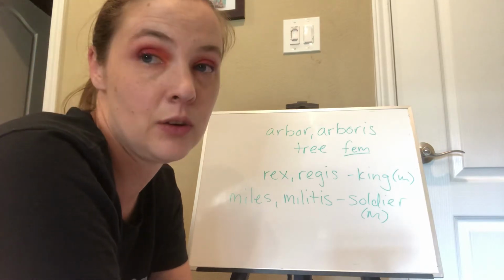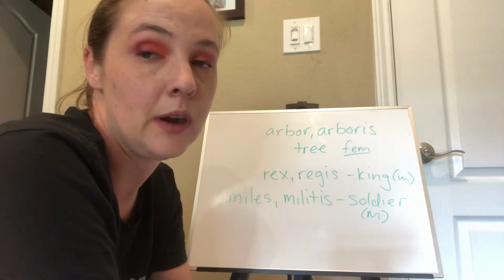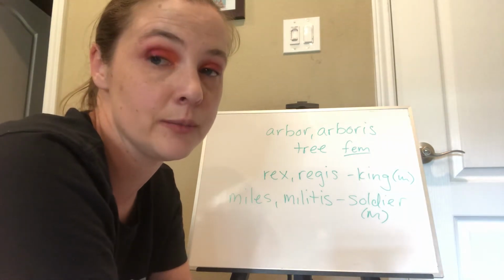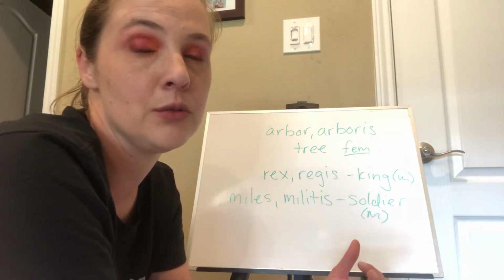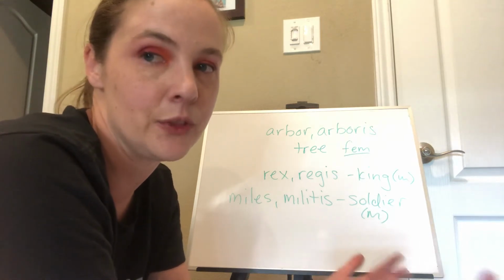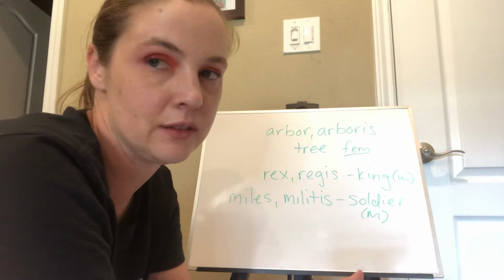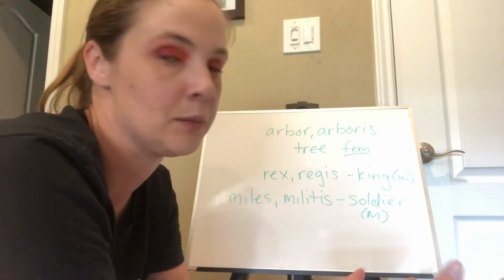In the next video, we'll go over that. We'll review a little bit. I want to hit the neuters. I will give you a little bit more practice with feminines, but like I said, the endings for the feminines are the same. They have the same endings as the masculines, so it's not a big deal.